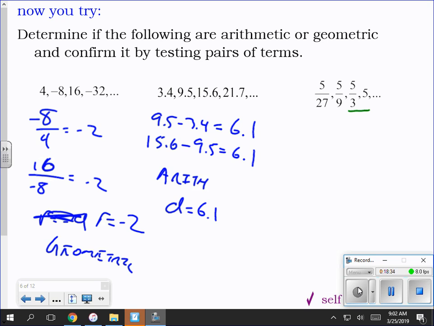But to check it, which is what we're supposed to do, 5/9 divided by 5/27, and you get 3. And you take 5/3 divided by 5/9, and guess what? You get 3. And you use your calculators. Know how to use your tools. Calculators are tools.